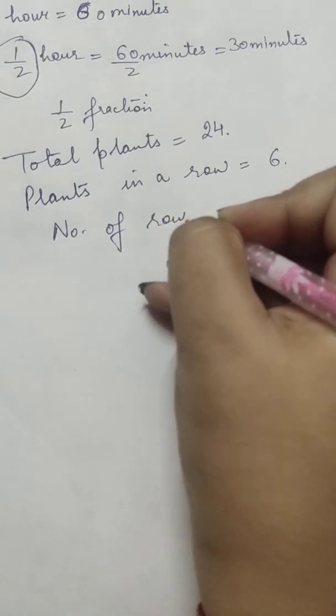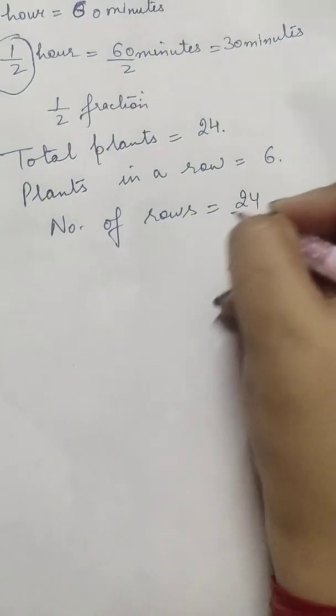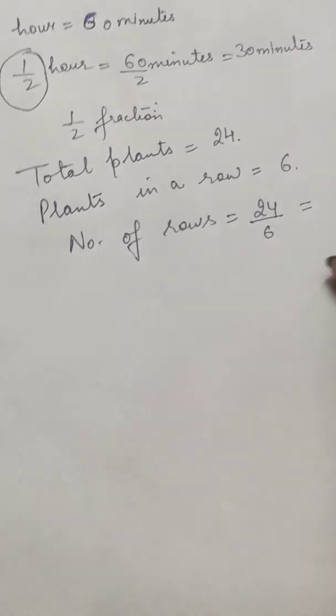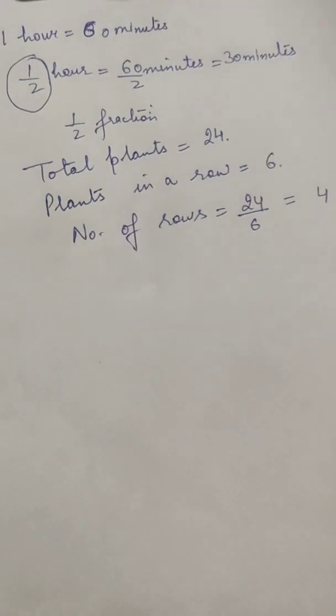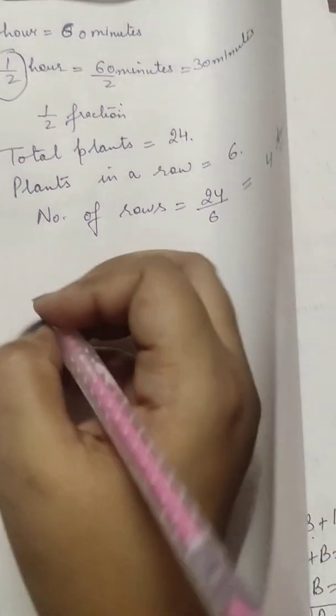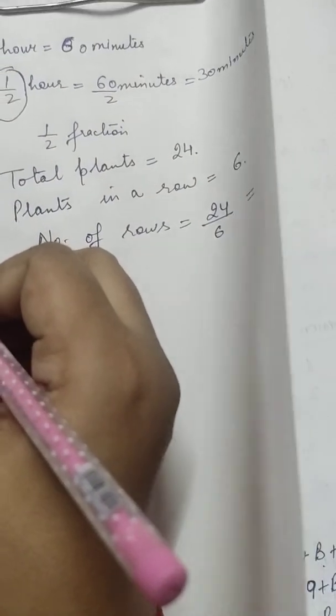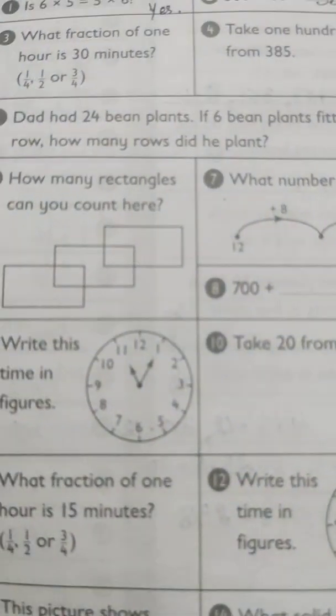Then number of rows will be your 24 divided by 6. Answer is 4. So how many rows are there? 4 rows are there.